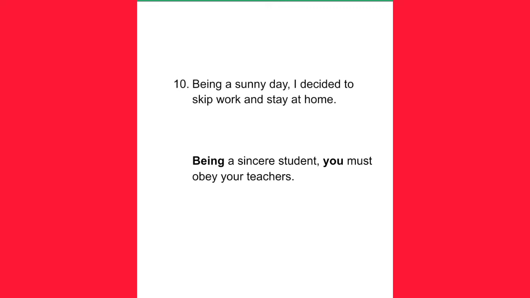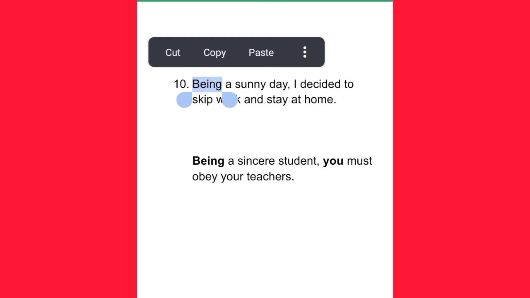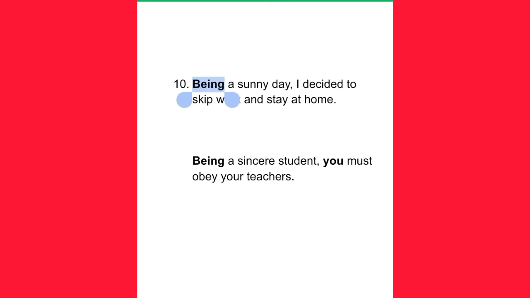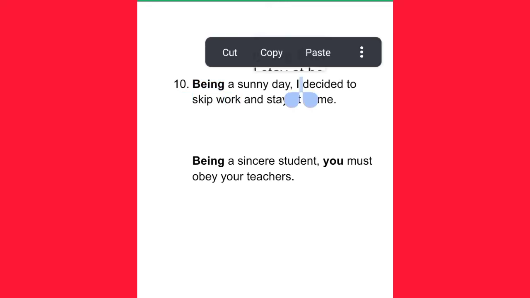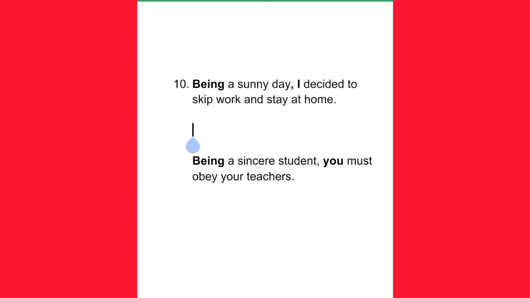You getting it? But here, if you apply the same formula, being and this word I, in this sentence, can you say that the word being is used for I? Obviously not, because I cannot be a sunny day. A student is obviously a person, and there we are talking about you.